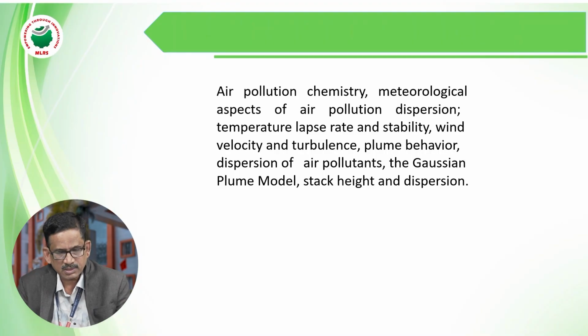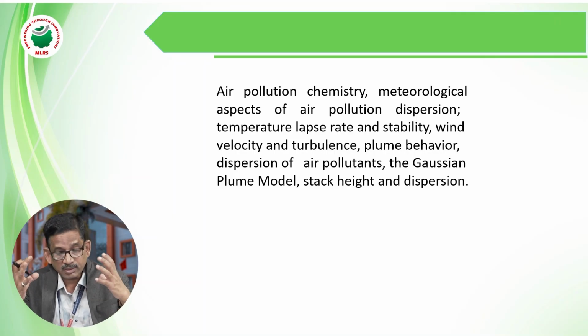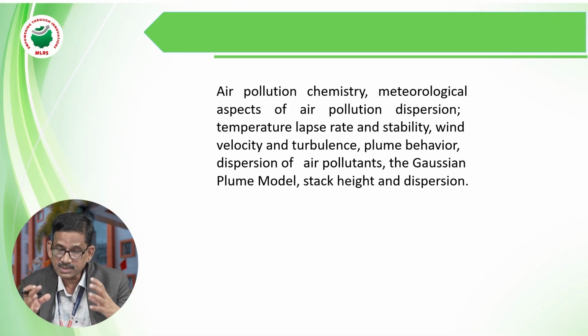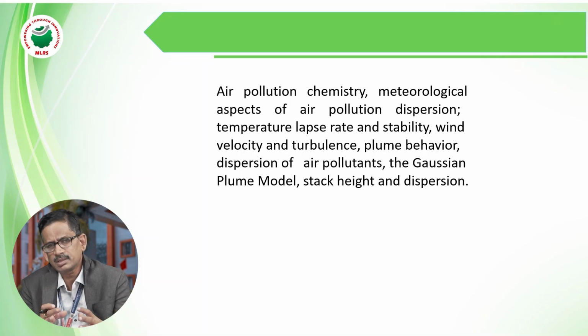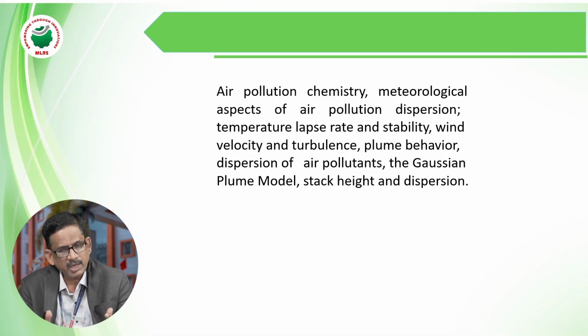In this unit, many things are to be covered: the meteorological aspects of air pollution, dispersion, temperature lapse rate and stability, wind velocity and wind turbulence, plume behavior, dispersion of air pollutants, the Gaussian plume model, and stack height and dispersion.